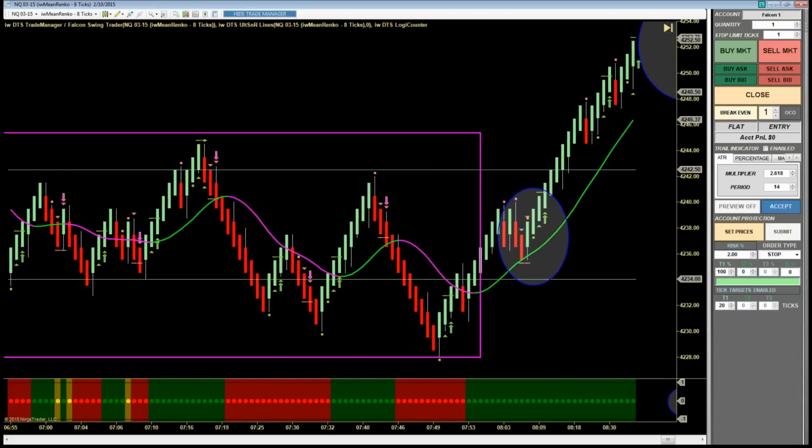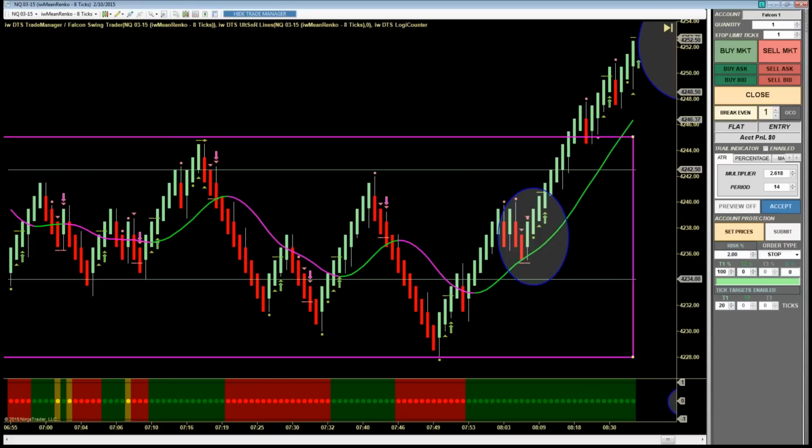Because once the market breaks the range, it will generate a sell signal, or a buy signal, whatever the case may be. So you'll see we finally broke the range up here.